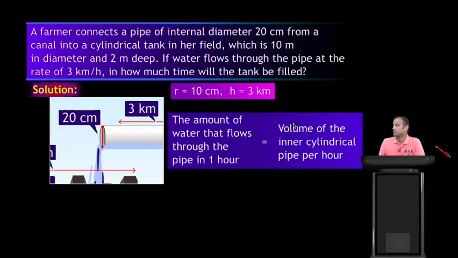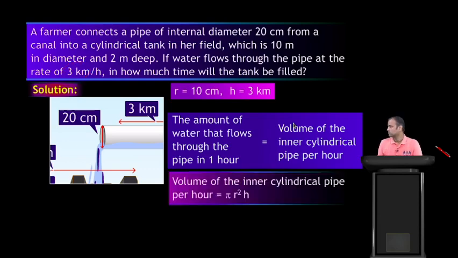Now the amount of water that flows through the pipe in 1 hour is equal to the volume of the inner cylindrical pipe per hour, because we are using volume for 1 hour. So we can take this 3 km as h. Now what is the volume of the inner cylindrical pipe? We have to find the volume of the cylinder.